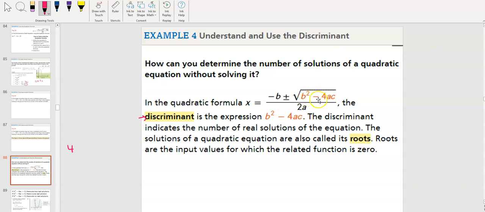So basically this part that's in orange, b squared minus 4ac, is our discriminant. A discriminant indicates the number of real solutions of the equation.